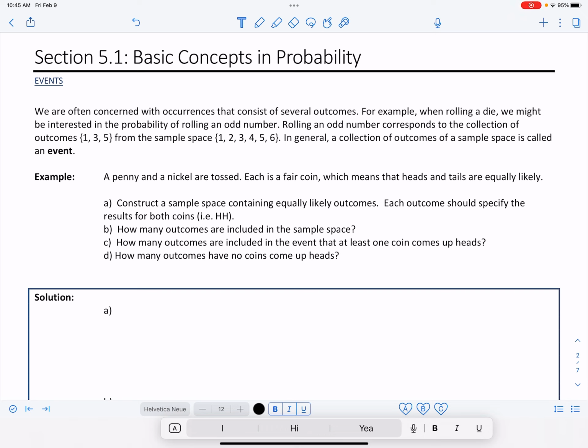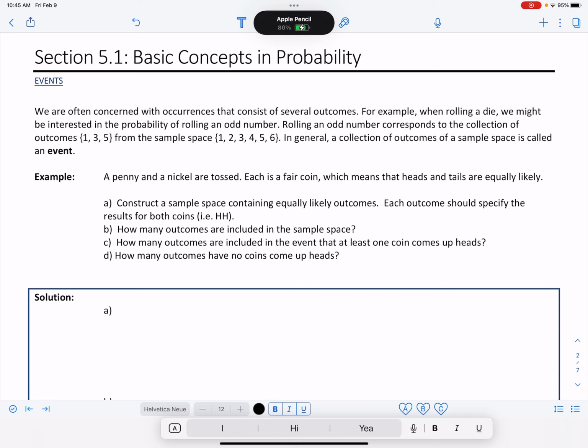Now, when we start looking at probability, we usually focus in on what we call an event. An event is just a collection of some of the outcomes in that sample space. For example, we roll a die, the sample space is 1, 2, 3, 4, 5, 6. We might be interested specifically in an event of rolling an odd number.